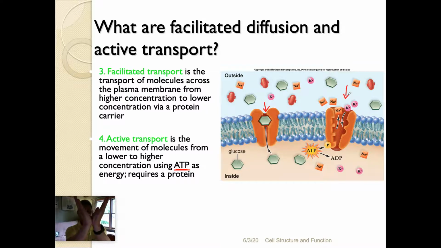A couple of potassiums come in and bond to it, and that causes the whole shape of the protein to change. That releases the potassiums to the inside of the cell and then allows sodiums to be carried to the outside of the cell. But again, the change in the conformation of the protein back and forth requires energy, requires ATP. And so therefore it's called active transport, whereas the other three are passive. They don't require energy at all.